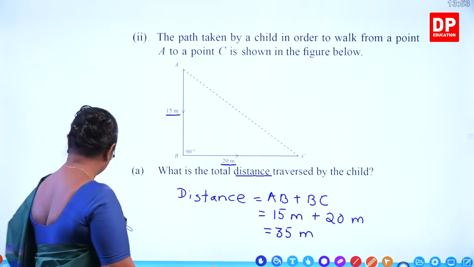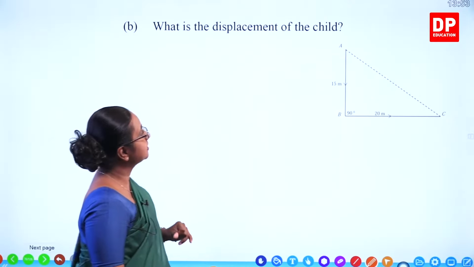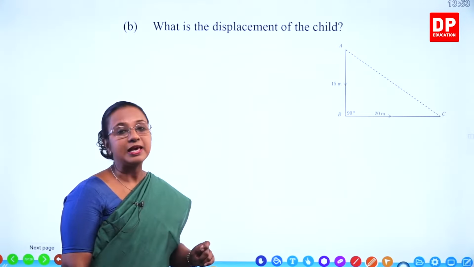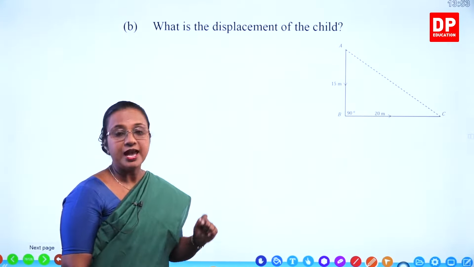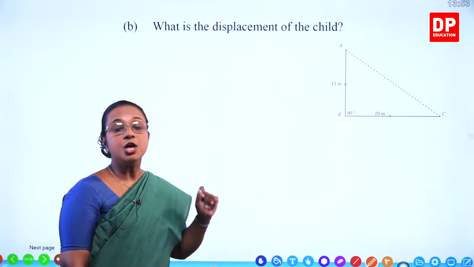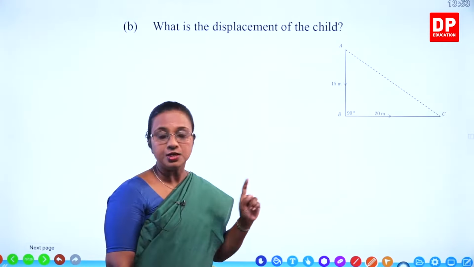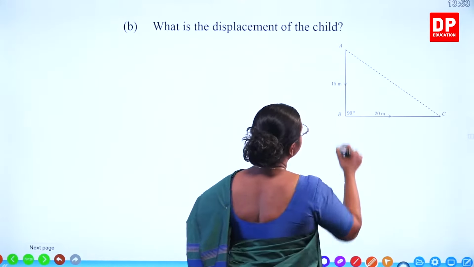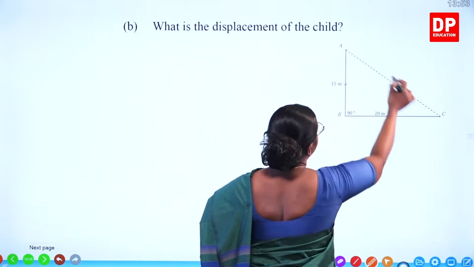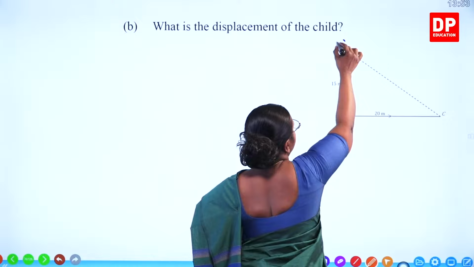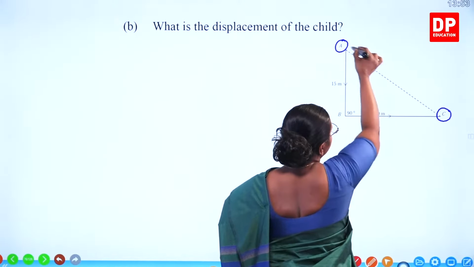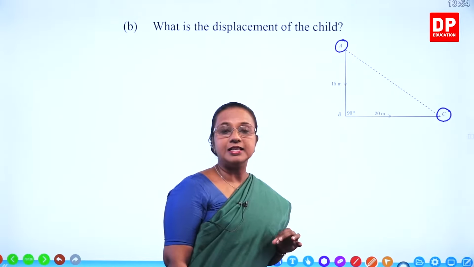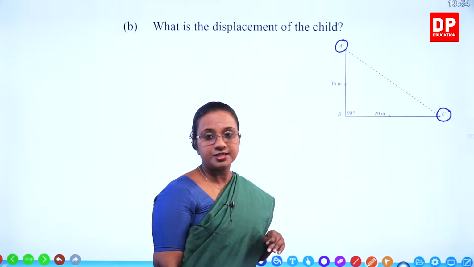We will go to the next question. What is the displacement of the child? So as you all know, students, displacement has a direction and the magnitude is the shortest distance between 2 points. So here if we look at the movement of the child from A to B, B to C, but the shortest distance is from A to C. So we need to have the length of that path, the path in a straight line, which is the shortest distance.